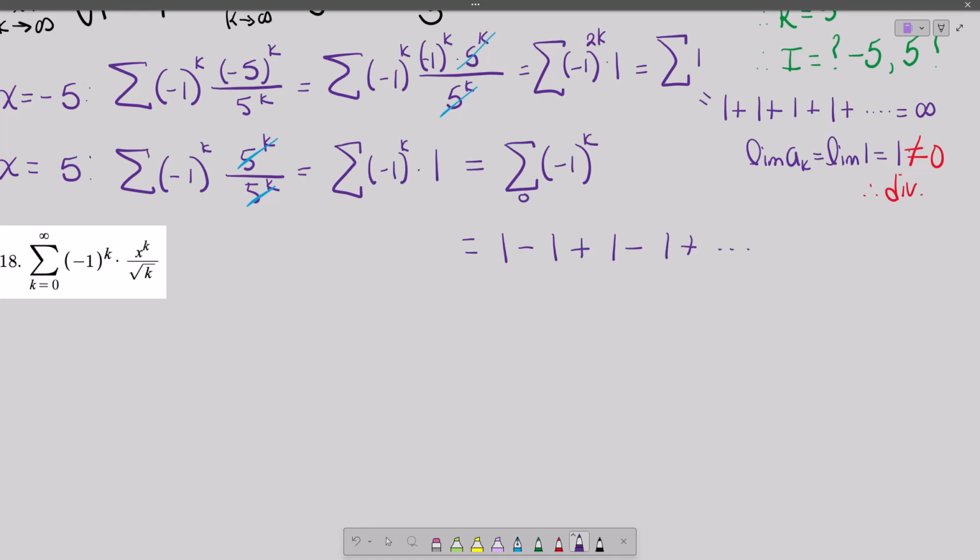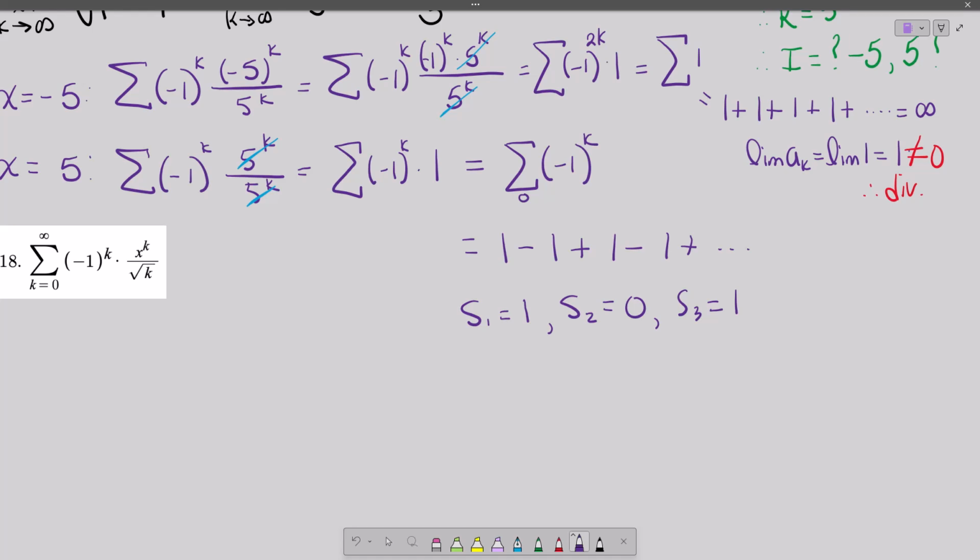So if we start looking, S sub 1 is 1. What's S sub 2? 0. What's S sub 3? 1.